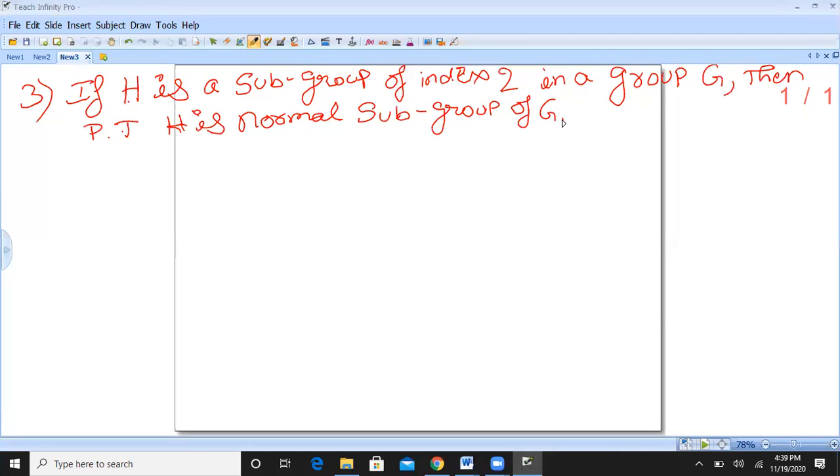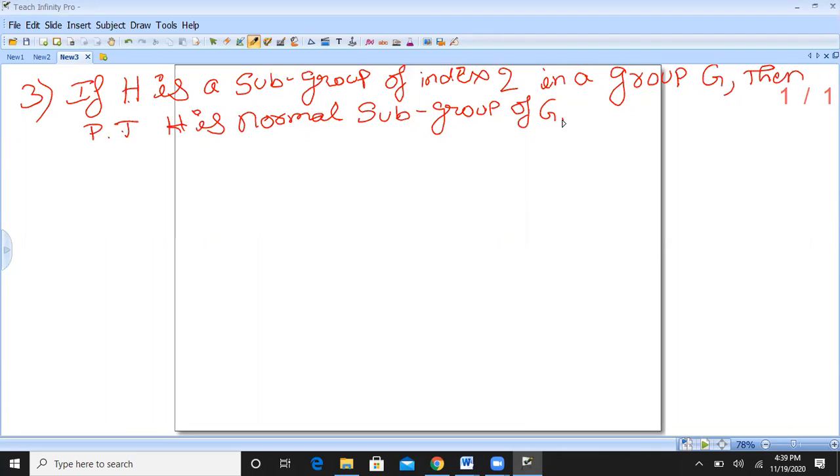So, what is your question? If H is a subgroup of index 2 in a group G, then prove that H is a normal subgroup.